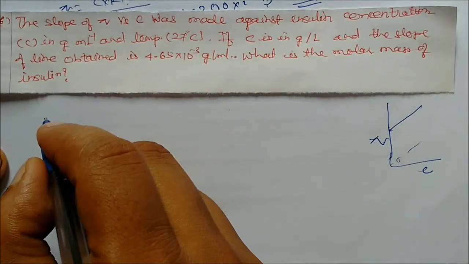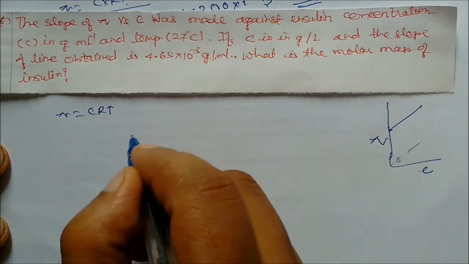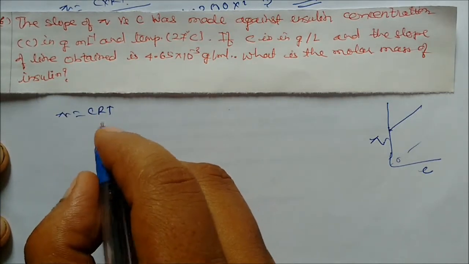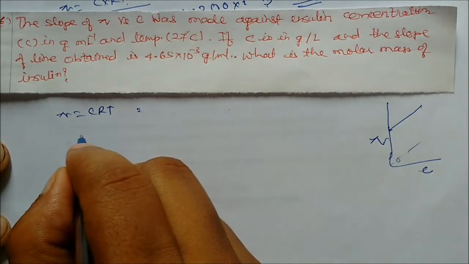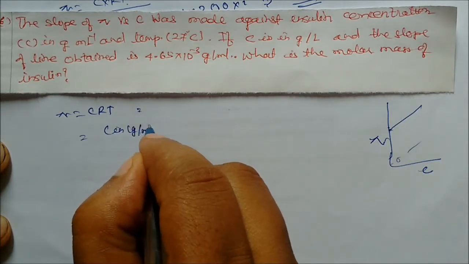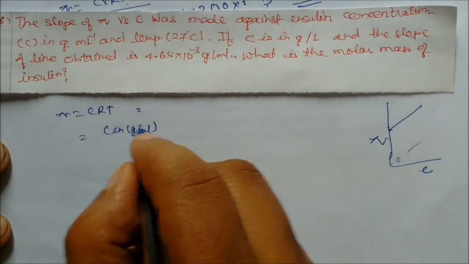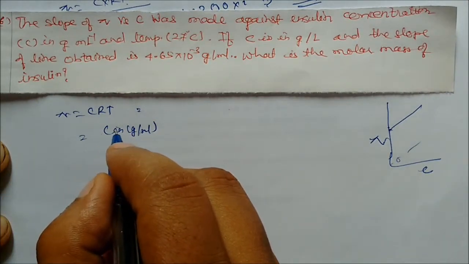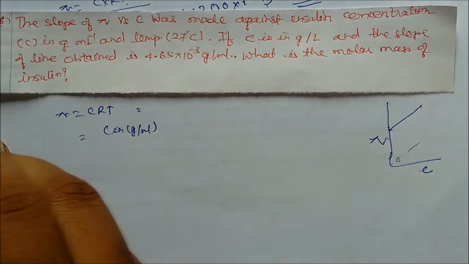So write the formula. The formula is pi equal to CRT. Okay, pi equal to CRT, and we can break it in this form, C in gram per ml. So it will be your concentration.